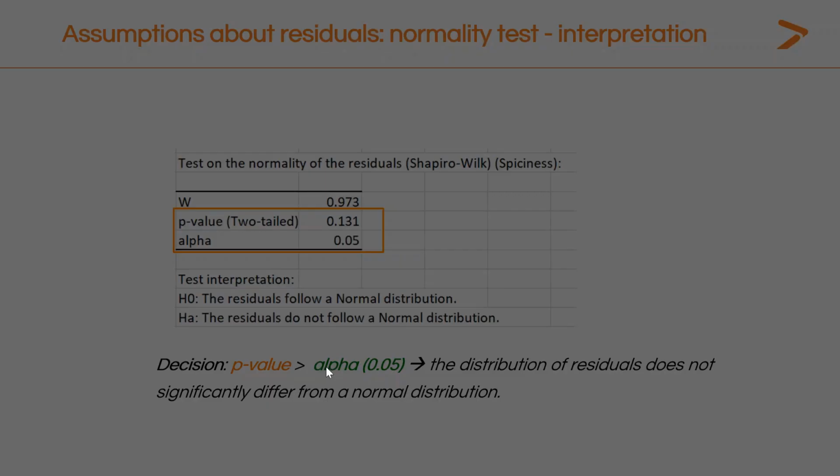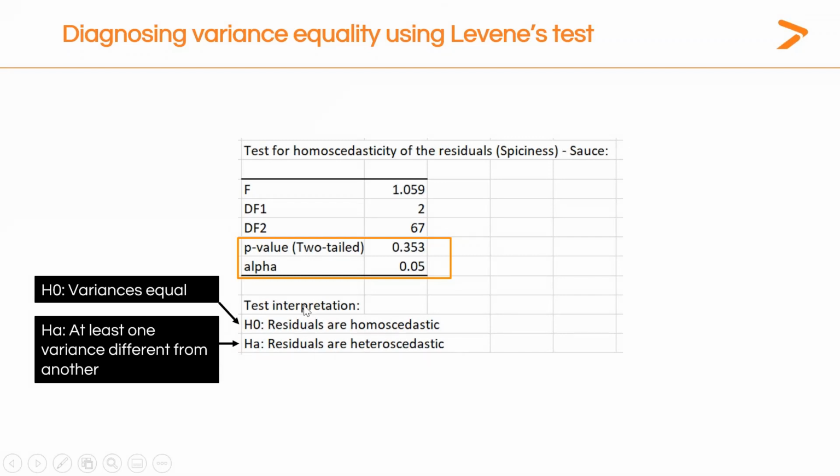What about the assumption about variances now? We launched the Levene test, which implies a p-value and a null and alternative hypothesis. So this is another way to write down the hypothesis of the Levene test. According to H0, variances are equal, and to HA, at least one variance is different from another.